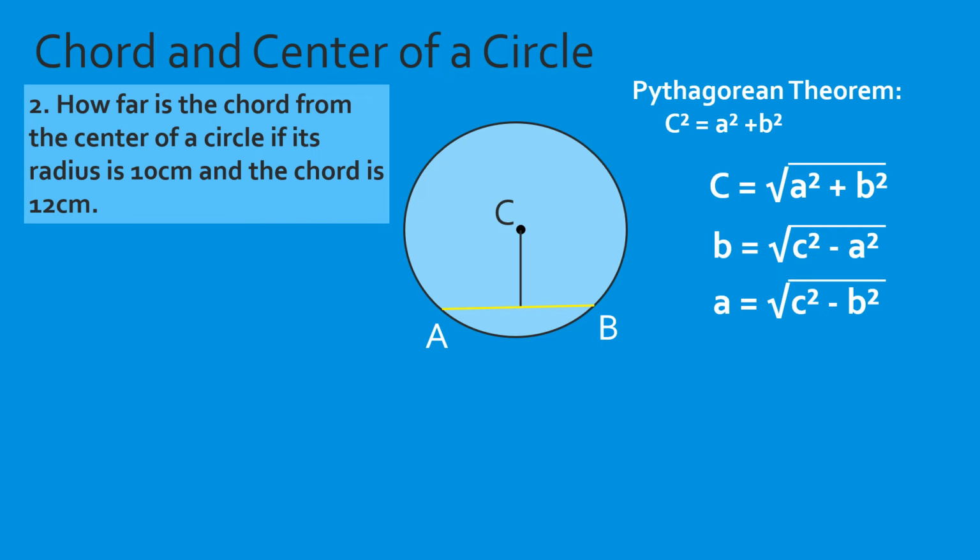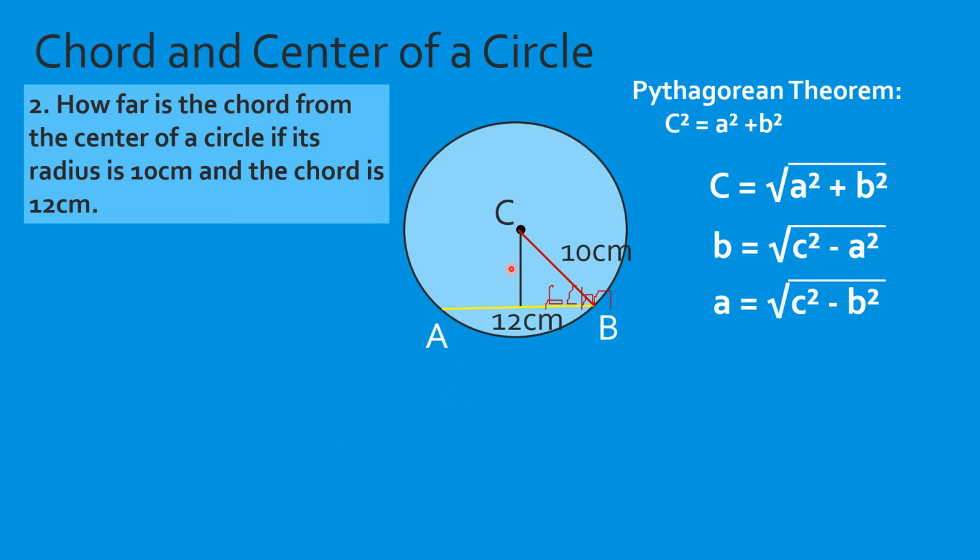So let's have the radius is equal to 10 and the chord is 12 centimeters. So that's 10 centimeters. So what is missing now? If the chord is 12 centimeters, it means that this side measures 6 centimeters only, because this is only half of the chord.